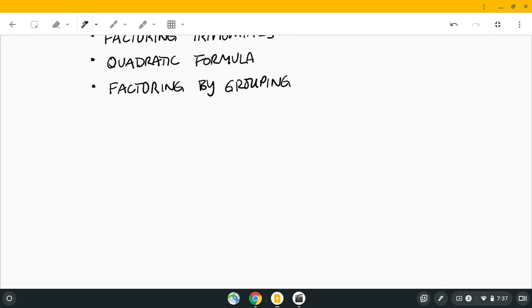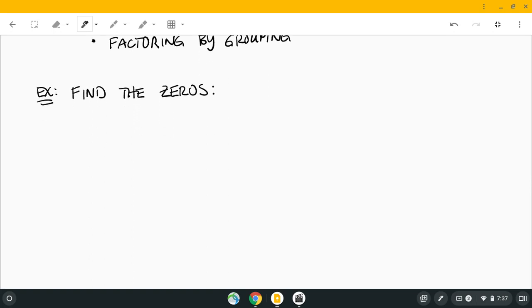All right, so let's take a look at this example. Find the zeros. Again, I'm only going to write it once, and we'll do A, B, C. So let's find the zeros of this first polynomial. Suppose that we have this.